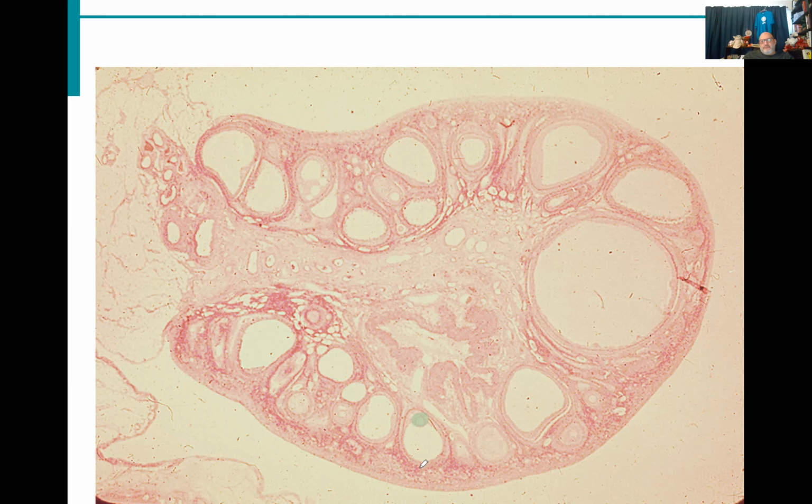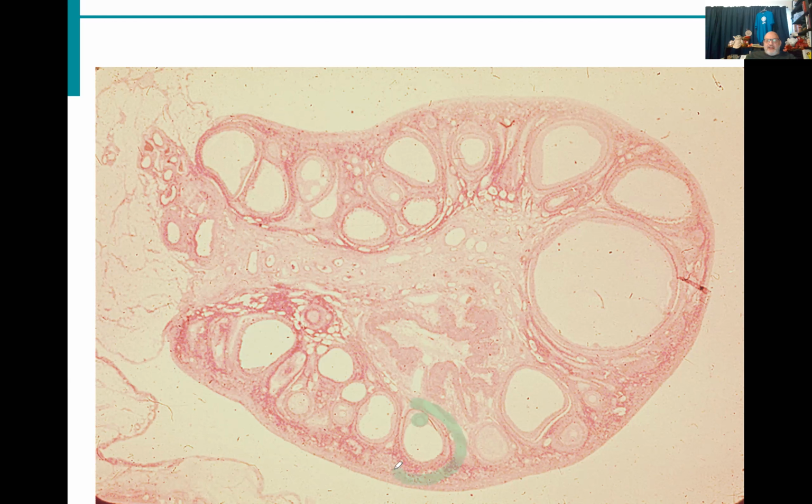But you're missing something. The secondary oocyte. Anyone? What's she missing? There we go. Frozen. Closer. Be even more specific. There we go. Frozen in metaphase 2. Excellent, excellent.